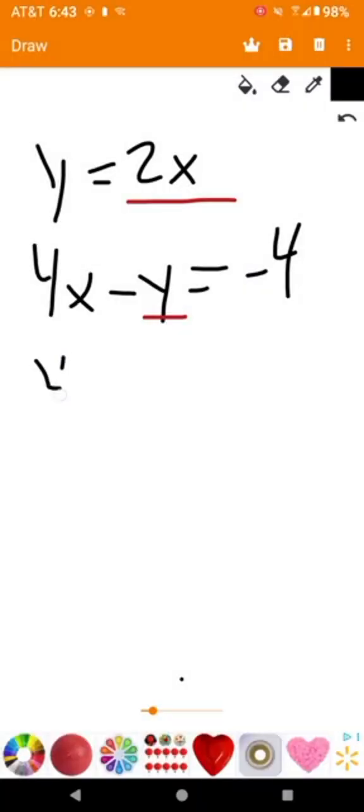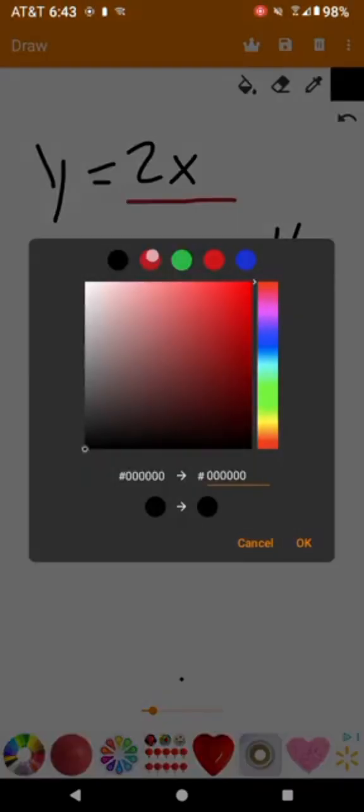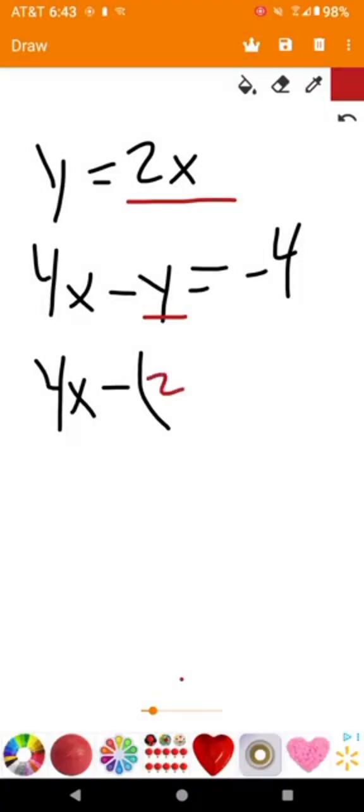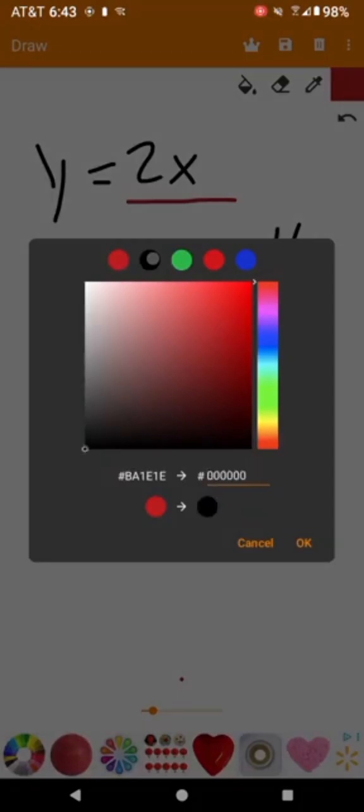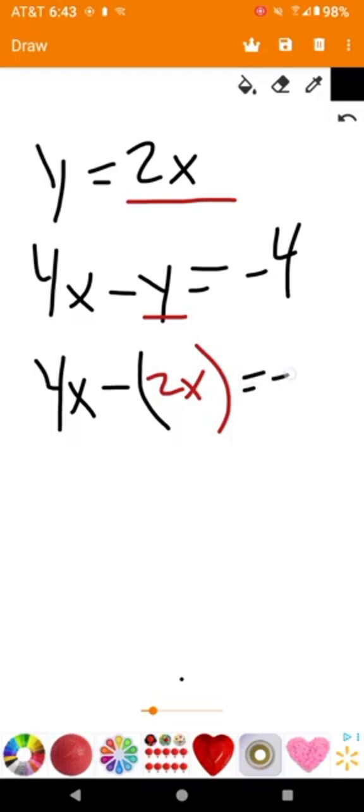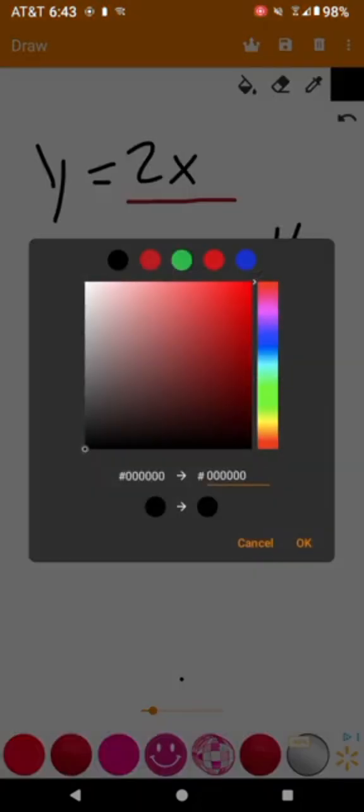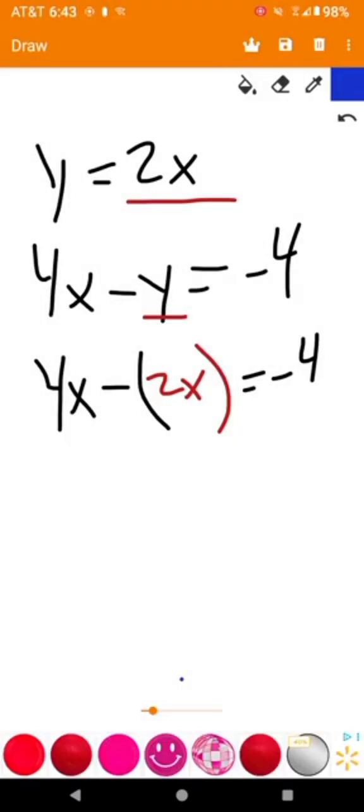So we'll have 4x minus 2x, which is the same thing as y, because that's what it says, y is equal to 2x, equals negative 4. And so then we can solve like normal. So we'll do 4x minus 2x.